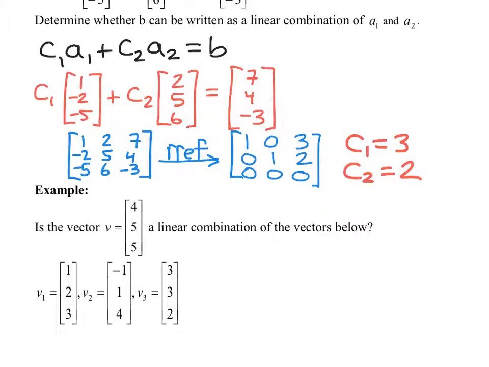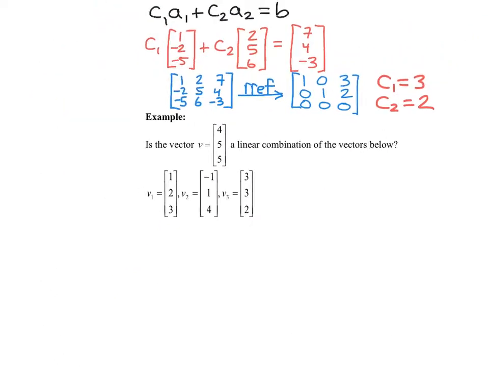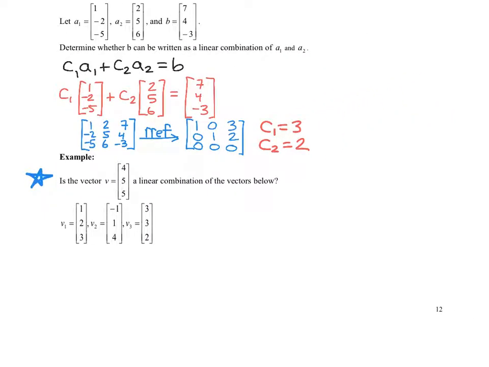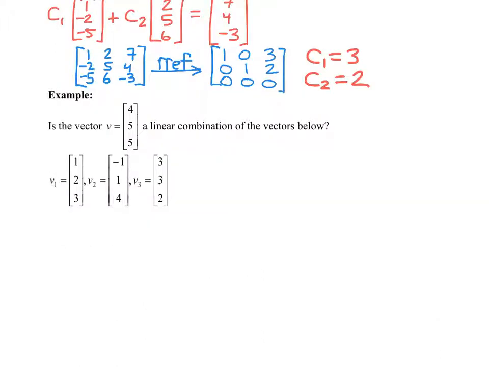So that gets a big old star for me, so that you can do that one on your own. The big issue there. All right. So the question is, is the vector 4, 5, 5 a linear combination of the vectors below?